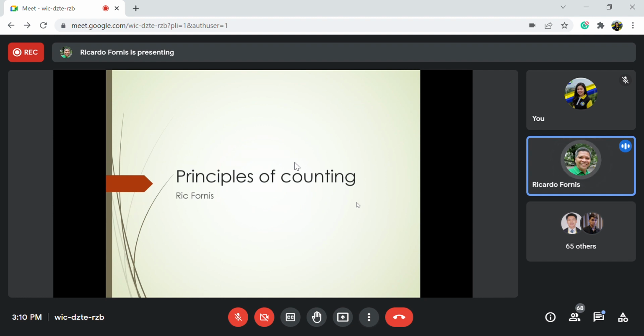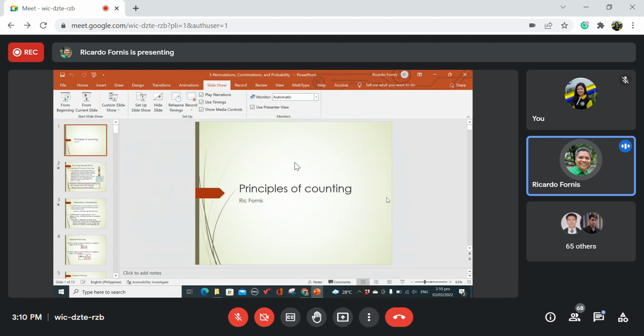And when we talk of simultaneous events, one is happening with the other. That is the difference between simultaneous and successive events.